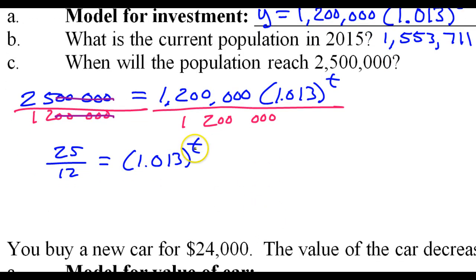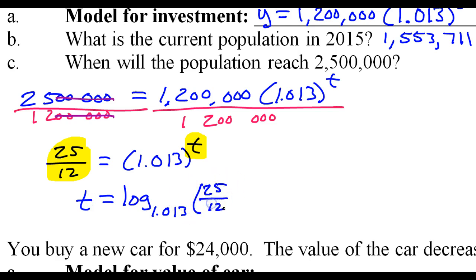Now, to get this t that's in the exponent, I need log form. So this would be log base 1.013, and this and this will change sides of the equation. So the t is going to come over here, and I'll have my 25 over 12 right there.